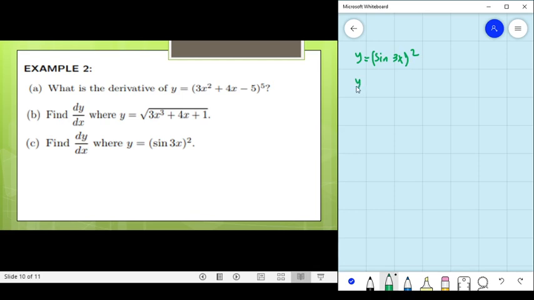We have y prime is the same as 2 sine of 3x times the derivative of sine, which is cosine 3x, times the derivative of 3x, which is 3.